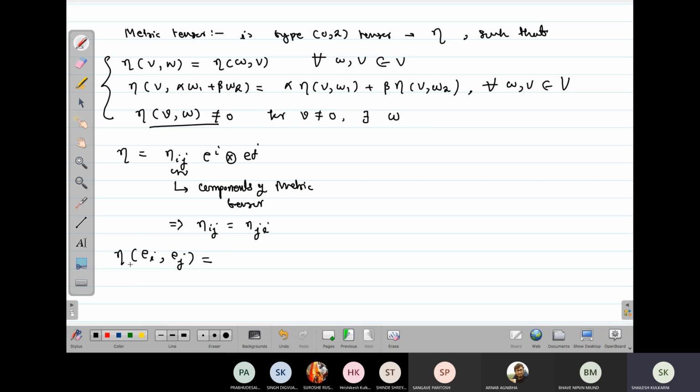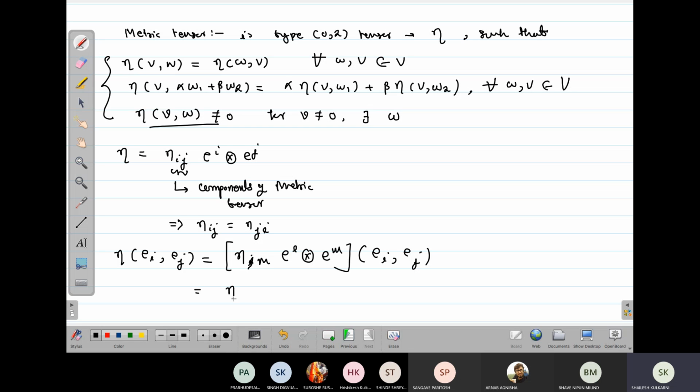First I will use the expansion of eta in terms of the direct product basis. Since I have used ij, I should use say lm: eta_lm e^l direct product e^m, and this will act on the two basis vectors.